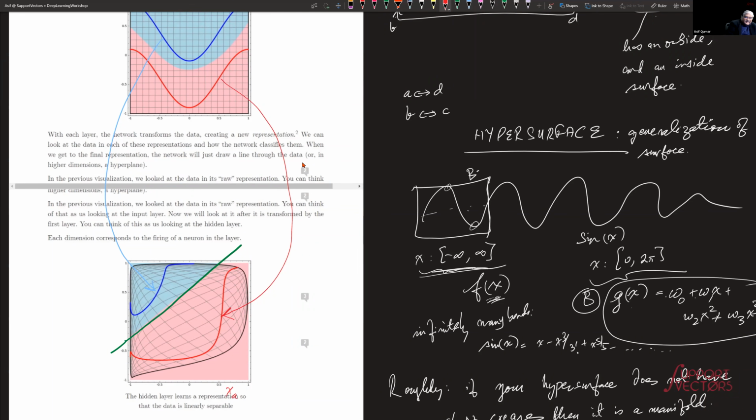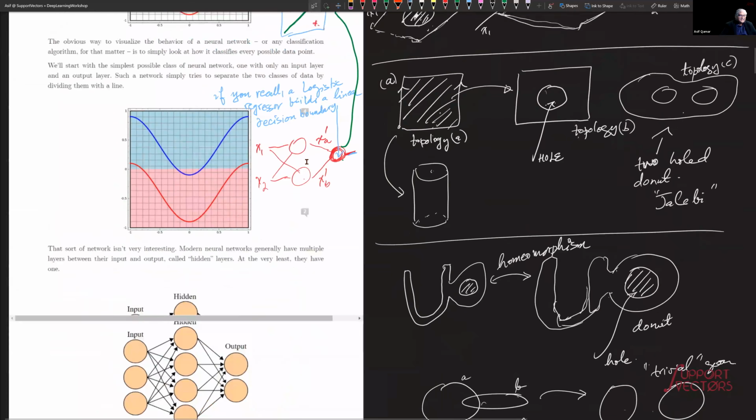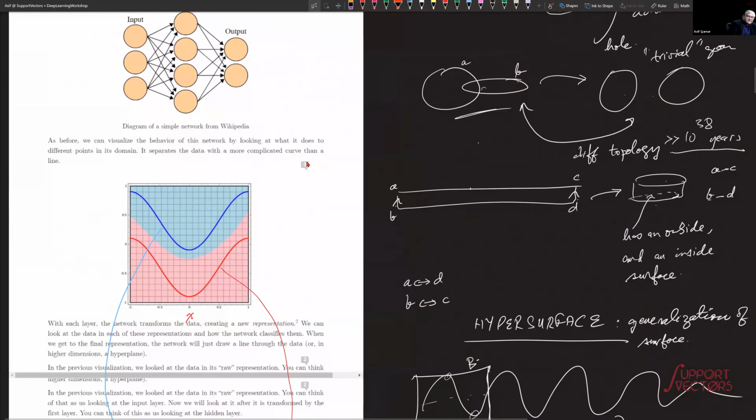This is your XA axis. This is your XB axis, right? And the initial axes, what did I initially say? X1, X2, right? This is your X1 and this is your X2 axis.